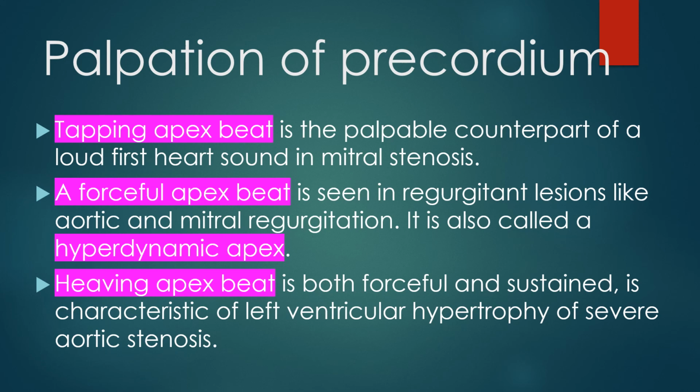A forceful apex beat is seen in regurgitant lesions like aortic and mitral regurgitation. It is also called a hyperdynamic apex. Heaving apex beat is both forceful and sustained and is characteristic of left ventricular hypertrophy of severe aortic stenosis.